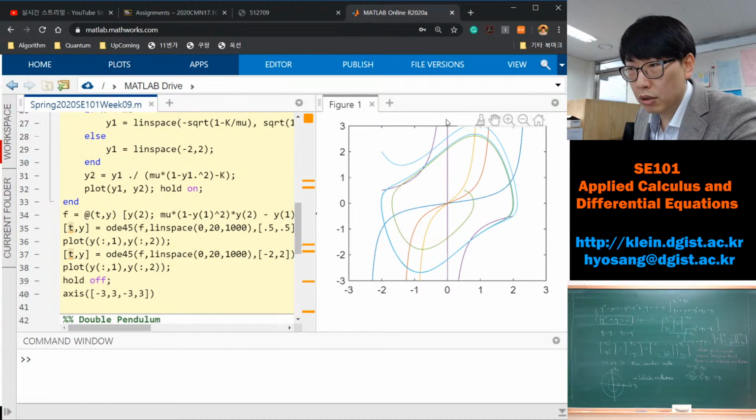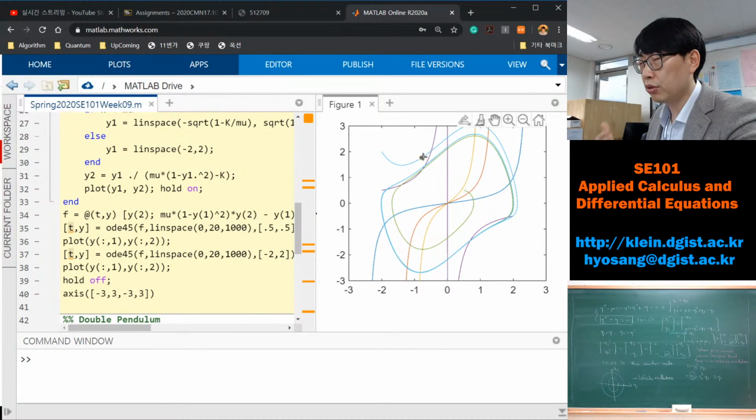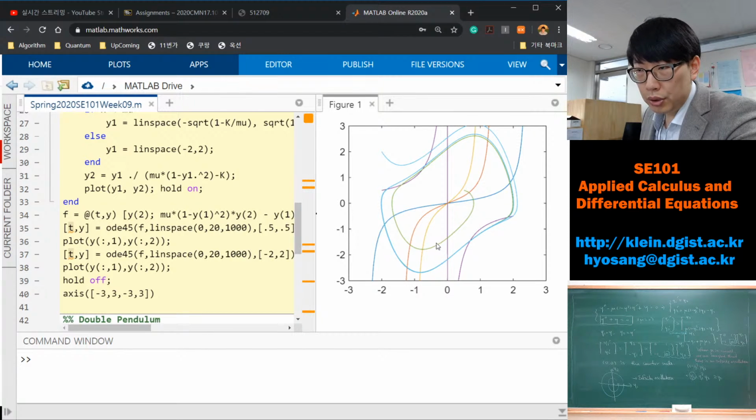It's because of the limitation of MATLAB. The plot command always tries to connect all the dots here. So basically the plot consists of these lines and these lines. There's no vertical asymptotic line here. And red and other lines are isoclines. All the points have the same slope. And the actual solution curve looks like this.